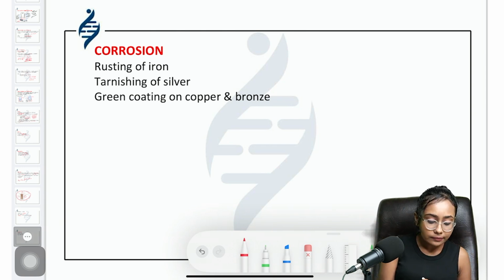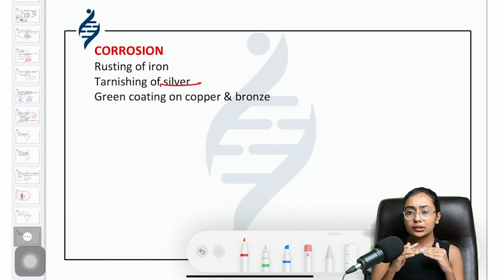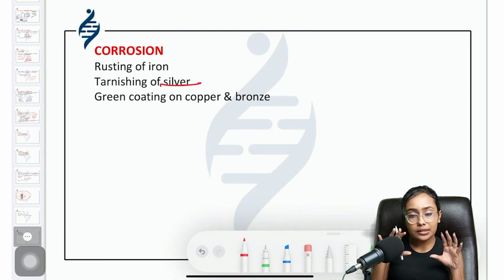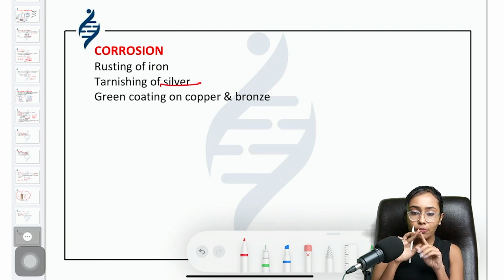Also in silver, when you wear a silver chain, bracelet or anklet, after some months of use you might have seen a black color formed on the outer surface of silver.